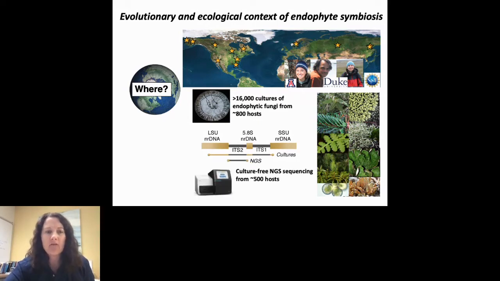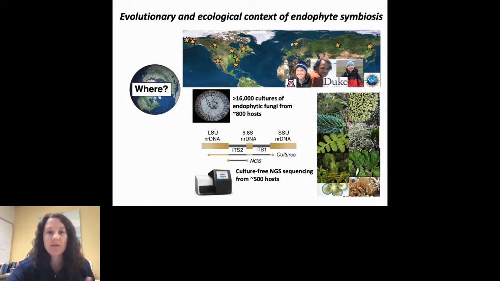In parallel, in our recent work across the boreal biome, we paired culturing with culture-free methods using amplicon sequencing of the ITS2 locus. In this way, we're able to directly compare ecological inferences based on culturing and culture-free methods. Importantly, the cultures themselves represent a reservoir of diversity that we can use for experimental assays and also genome sequencing.